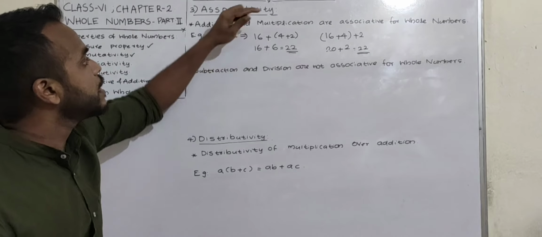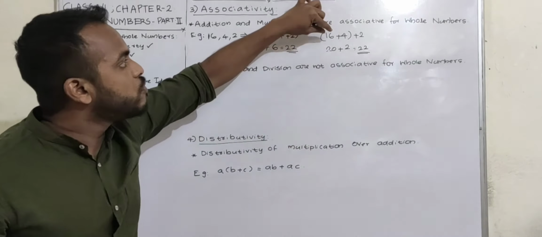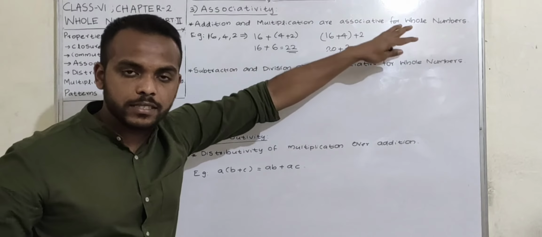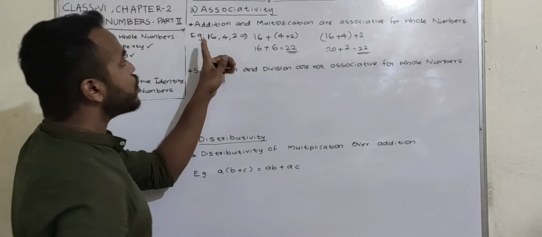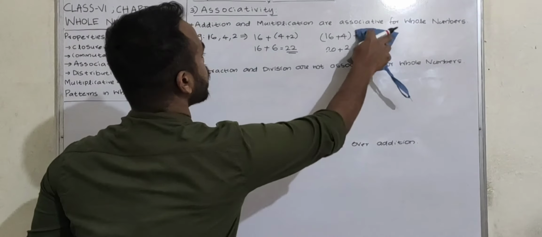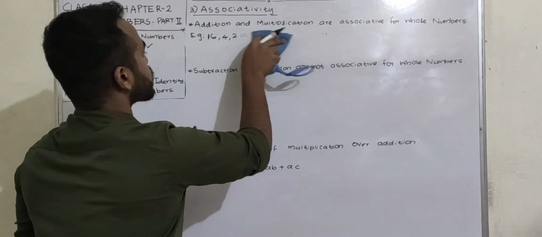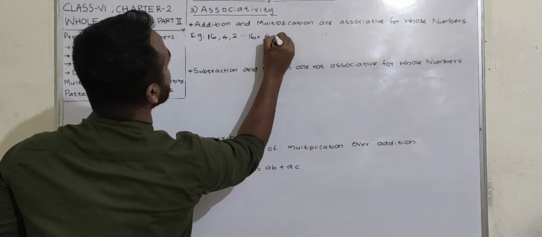That is, adding the second and third terms first, or the first and second terms first, will give you the same answer. So we can say addition is associative for whole numbers. Let's try for multiplication. We have the numbers 16 into 4 into 2.